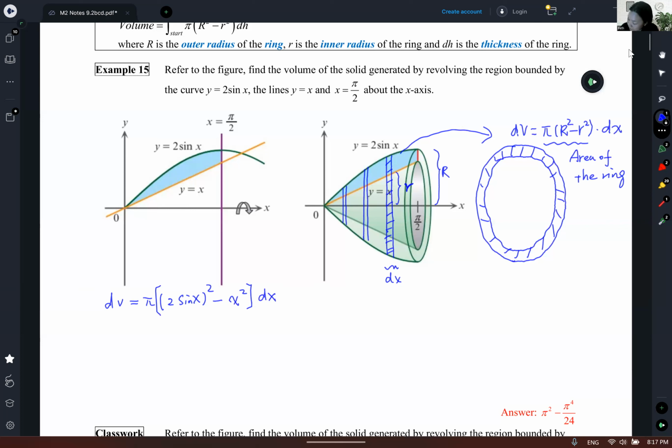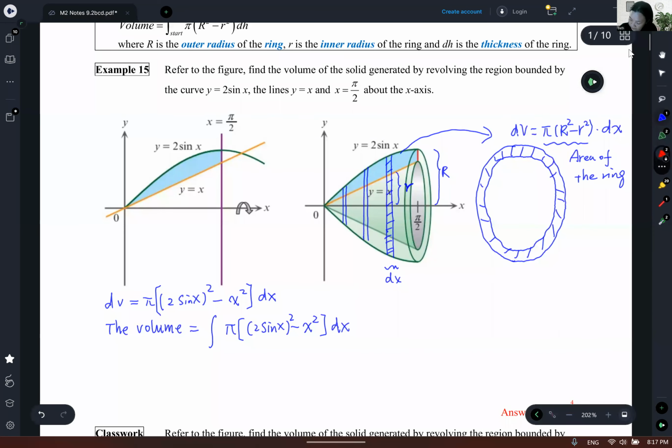Now the required volume in this question is to add all the pieces, starting from the very left. This is the first piece.